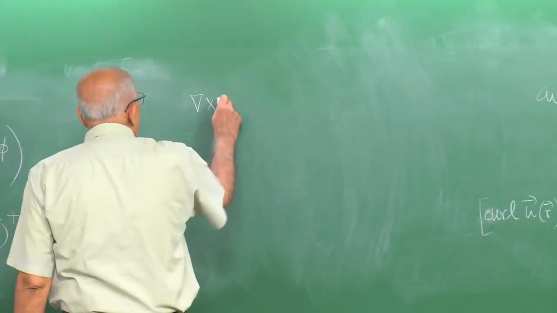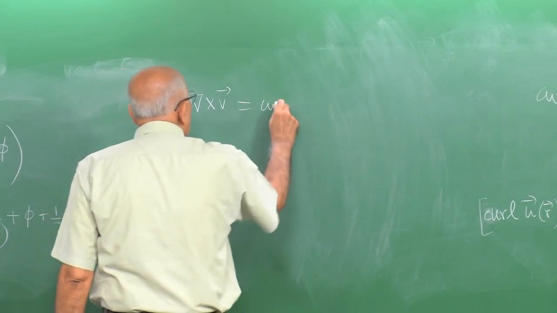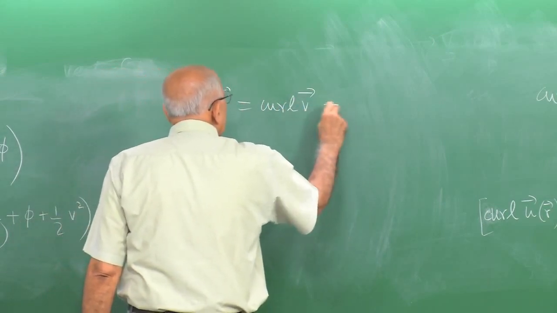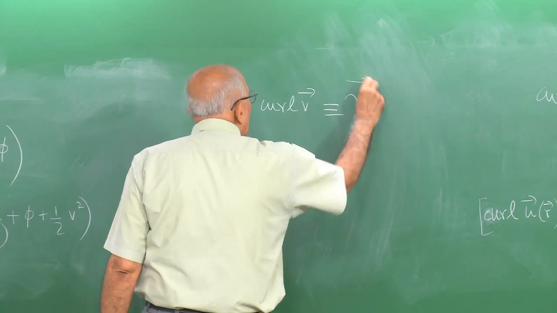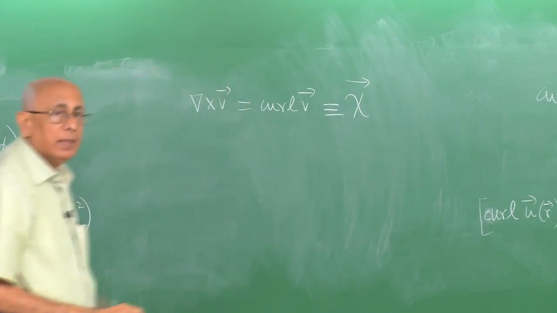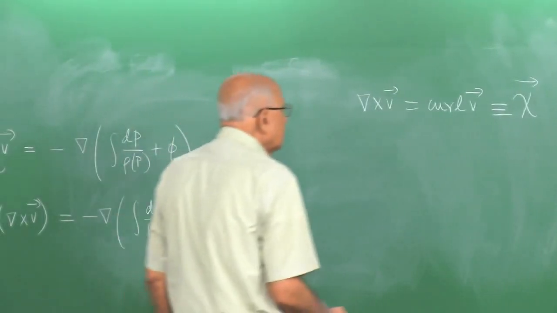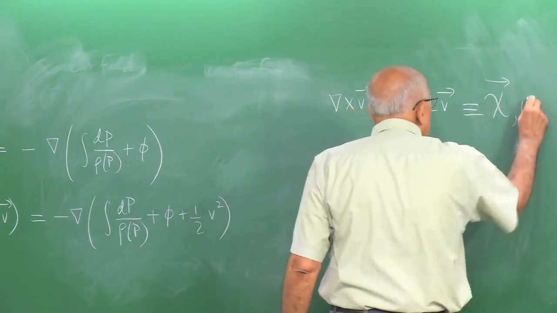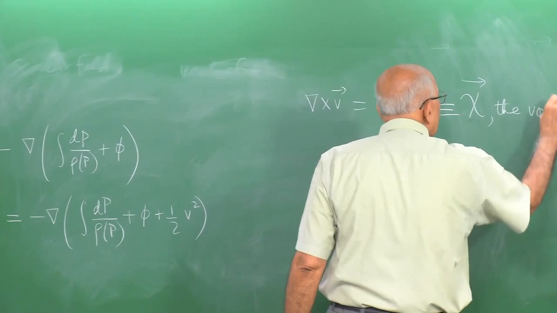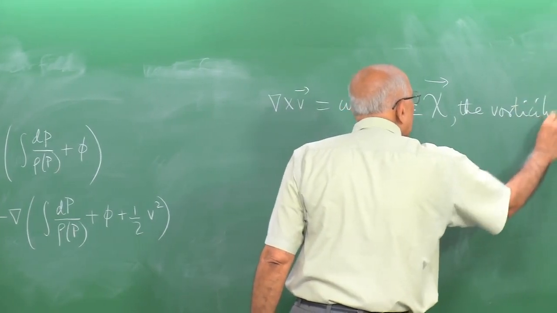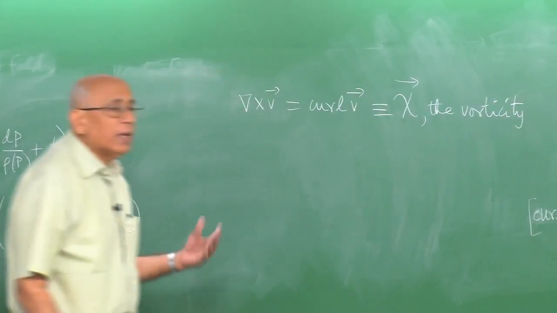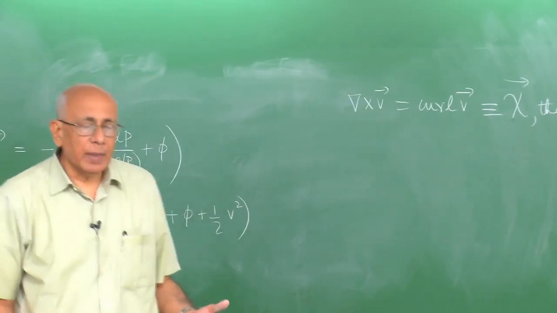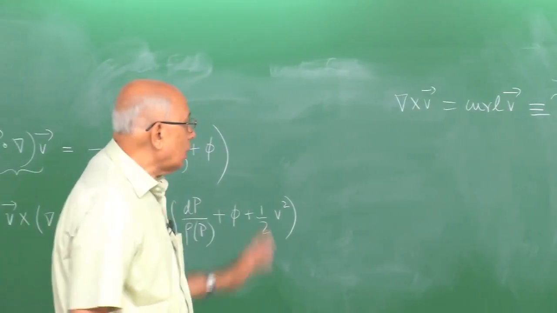And this quantity, del cross v, the curl of v, equal to some chi, which is of course a function of r and t in general for a fluid. This chi is called the vorticity. You can define a vorticity at every point in space at every given time for a velocity field.